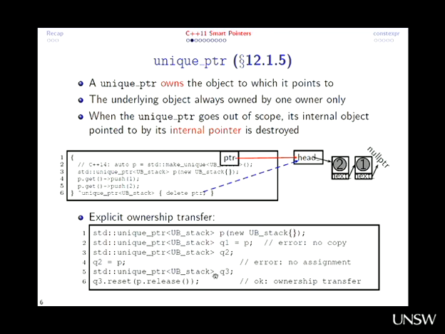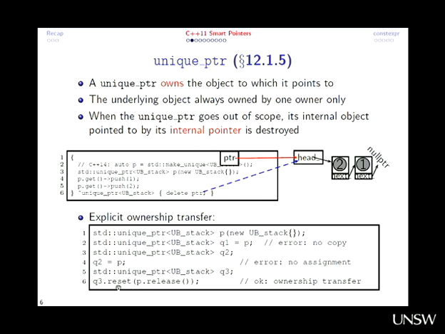So what we could do is create Q3, which is still a null pointer. And then we can do a reset and this release. So p.release releases the ownership of this unique pointer. You could also use std::move.